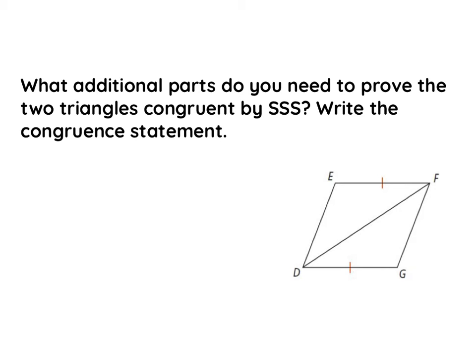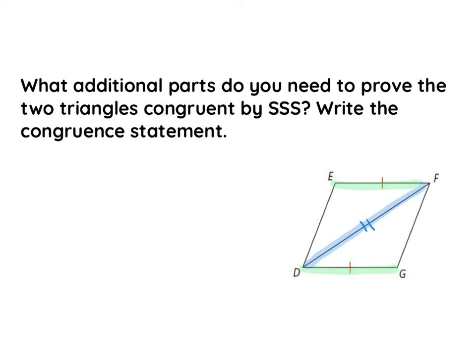Okay, you might also see something like this that says, what additional parts do you need to prove the two triangles congruent by side, side, side? So it's giving me this side, right? If we look at this, they actually share this side. So that's what we call the reflexive property. And because it's the same, we know it's congruent to itself. So we can put two tick marks there. That's going to be our second side.